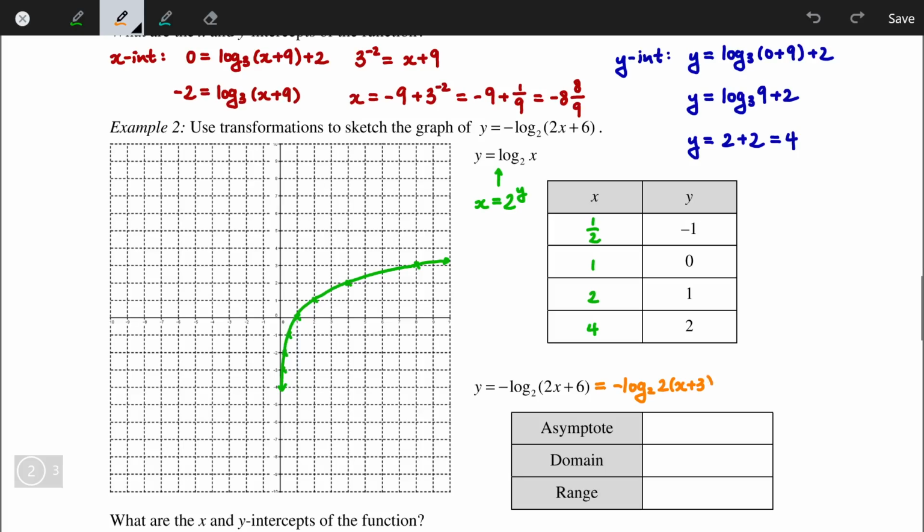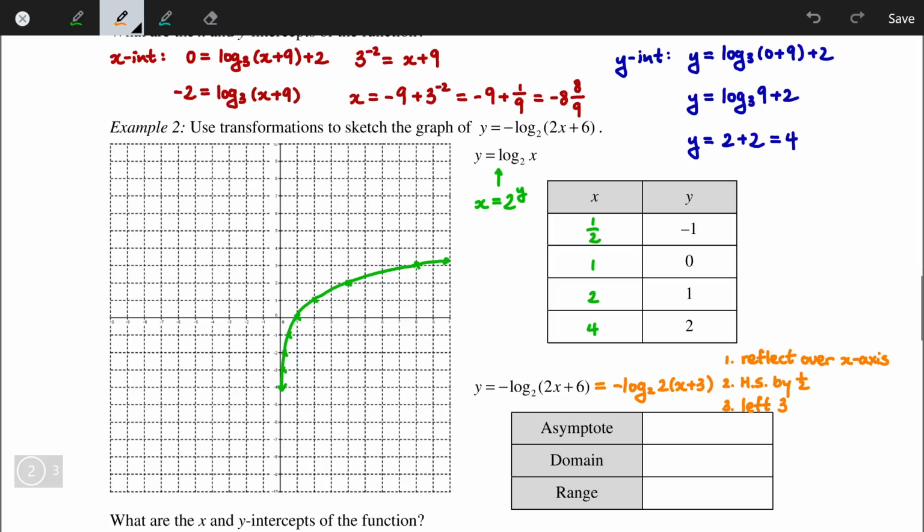Sorry about that. So the 3 transformations are reflection over the x-axis, followed by a horizontal stretch by 1/2, and finally the 3 moves the graph left 3 spaces. Okay.